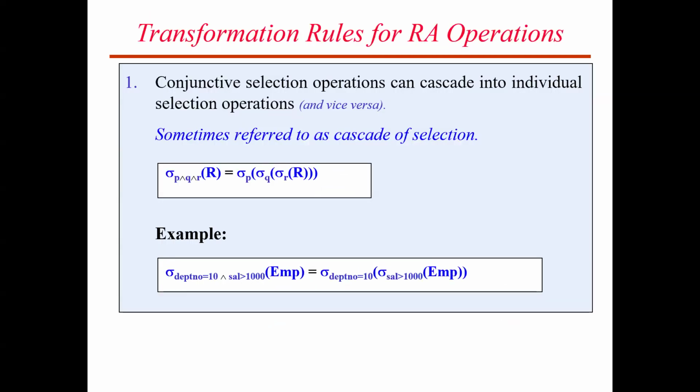Now let us understand the transformation rules of relational algebra. These are mathematical rules, for example, conjunctive selection.